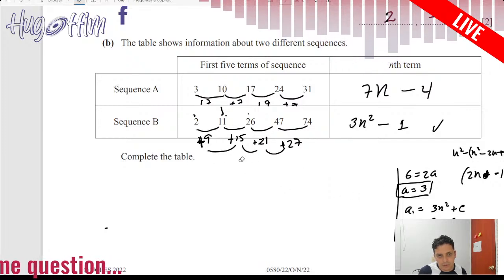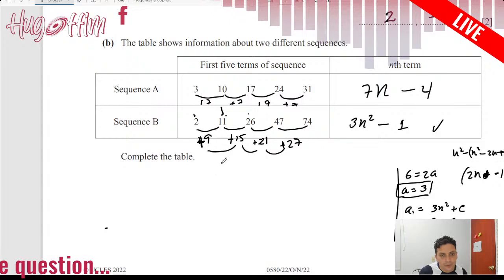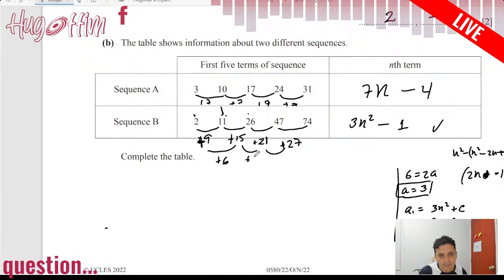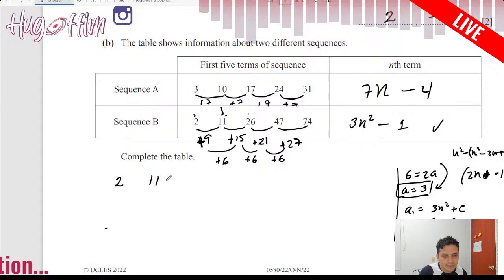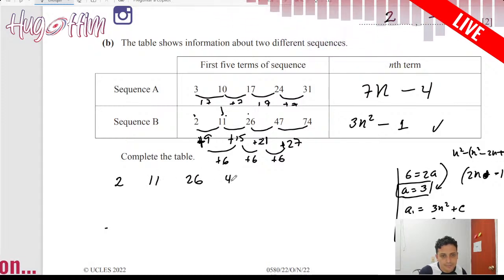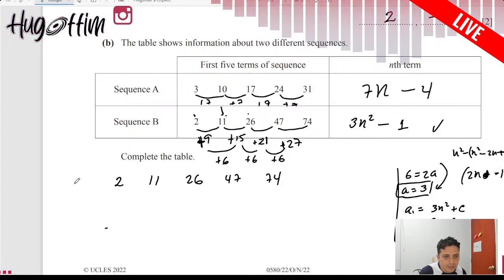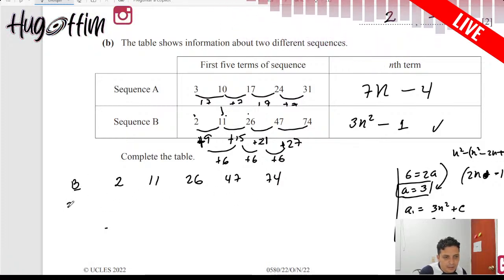The other way to do it is that when you identify that this is 6, you know that A is 3. So it means that I have my sequence, and I just have to put the sequence 3n squared.